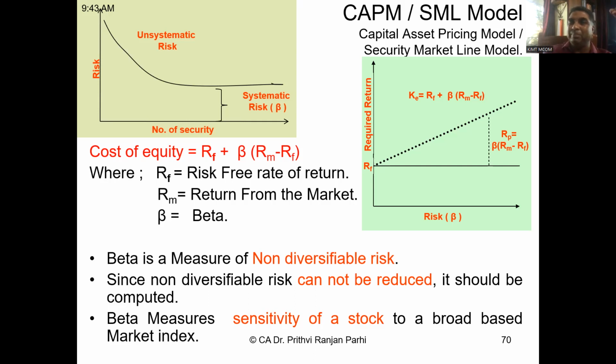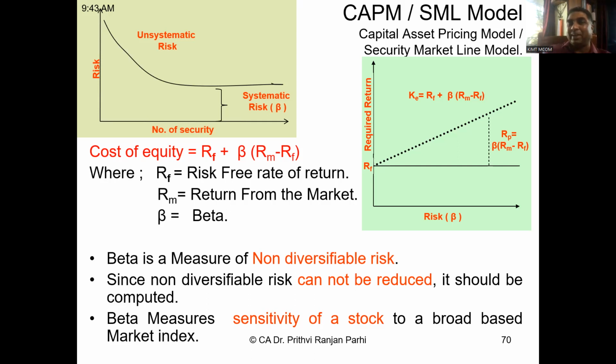In this case, we can say beta is 1. That means it is mimicking the market; it is a replica of the market. But let us say the market is going up at 10%, but this stock is growing at the rate of 20%. That means this particular stock is doubly sensitive, so the beta factor is 2.